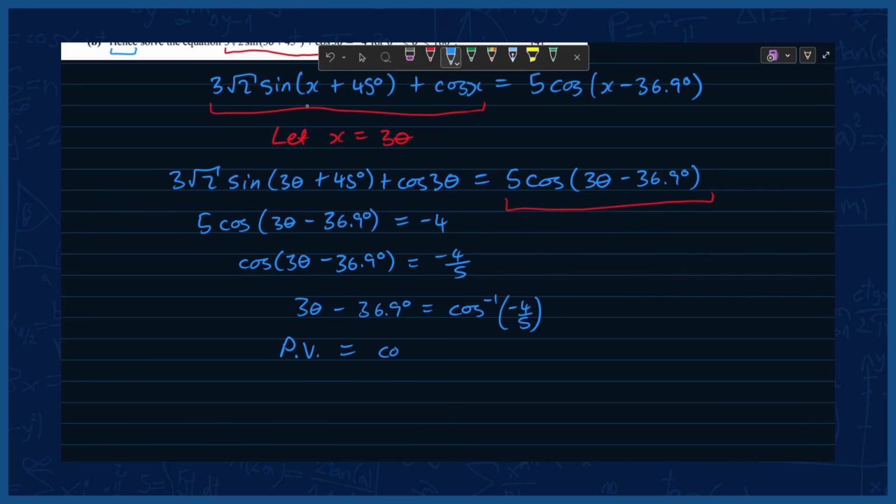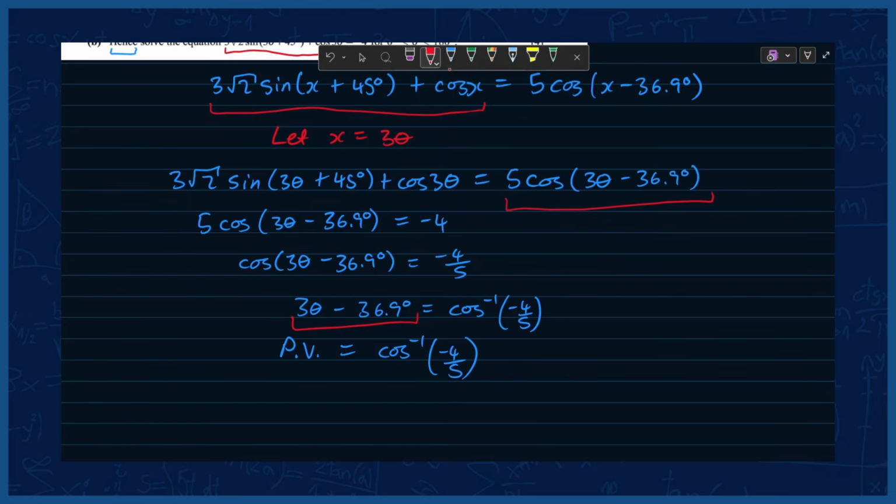Don't be tempted to immediately try to solve for θ, to make θ the subject of the formula here. The reason being, we want to find all the other solutions within our interval first, then we'll simplify.